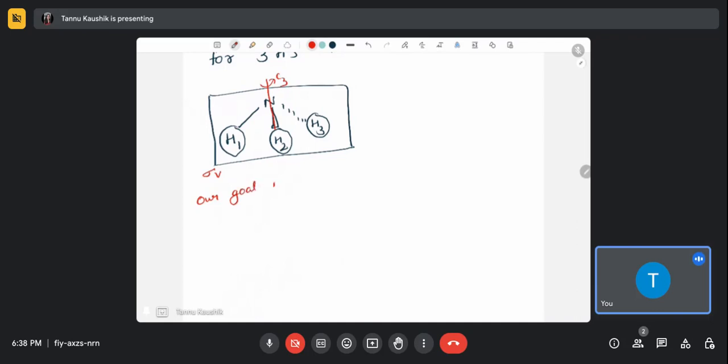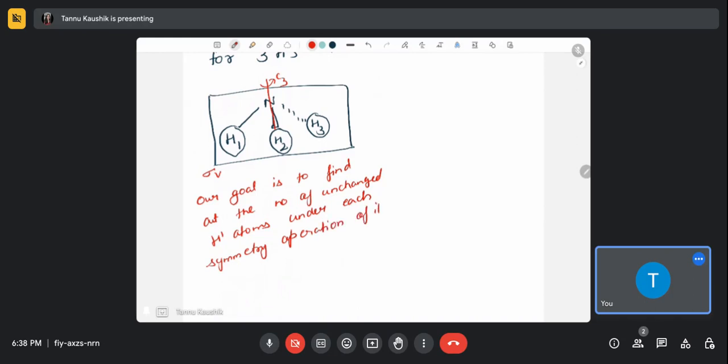Our goal is to find out the number of unchanged hydrogen atoms under each symmetry operation of its C3v point group.